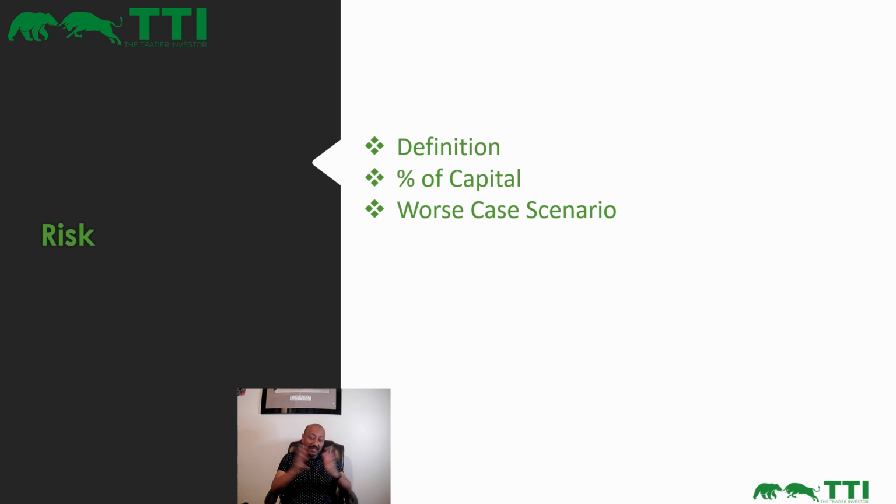That's a matter of judgment. But for me, I like to risk 1% per trade. And at that 1%, I am satisfied with the gains. And I risk 1 to make 2 at least. Sometimes I make 3, 4, 5, 10, but I'm only risking 1%.